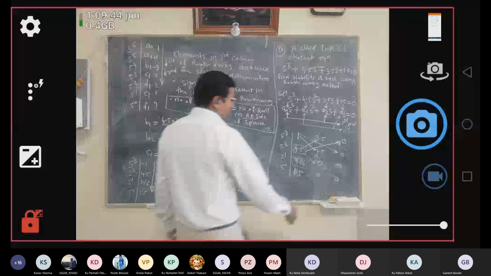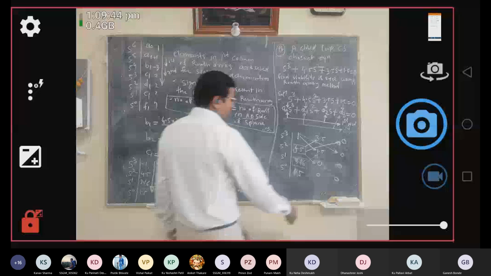Let the transfer function of the system be given as C of S upon R of S equal to 2S plus 5 upon S raised to 5 plus 1.5 S raised to 4 plus 2S cube plus 4S square plus 5S plus 10.